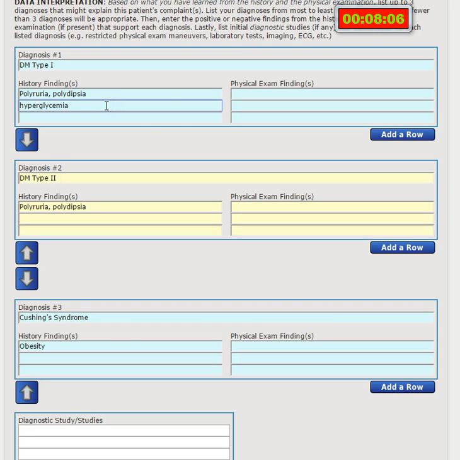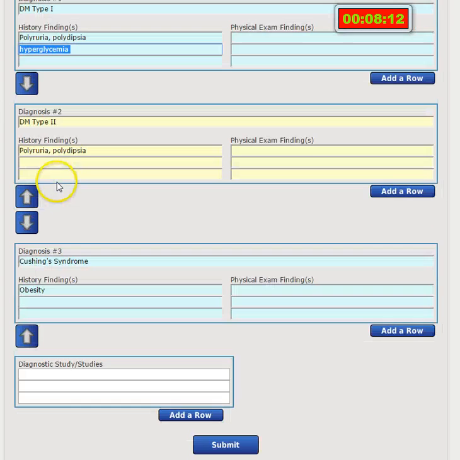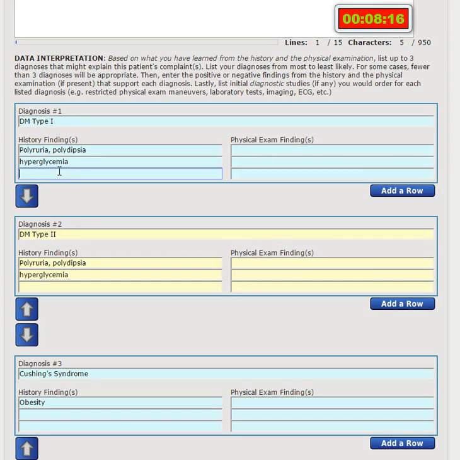Hyperglycemia, the same thing. Weight loss, and obesity.